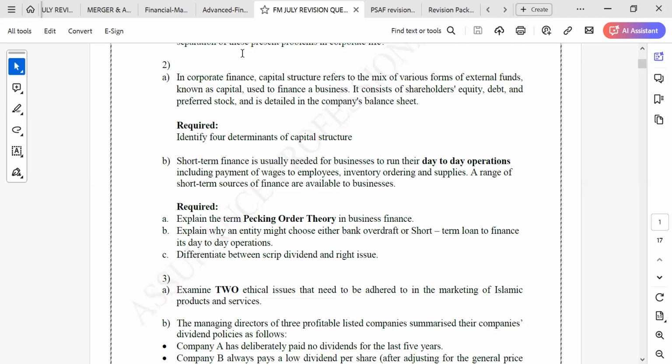If you cannot list them, they say that they should look at their retained earnings first, then they look at the debt finances. If the debt finances are not cheaper, or if they are not available, then they can now utilize equity. So if you are not sure, you can just put all of them together.